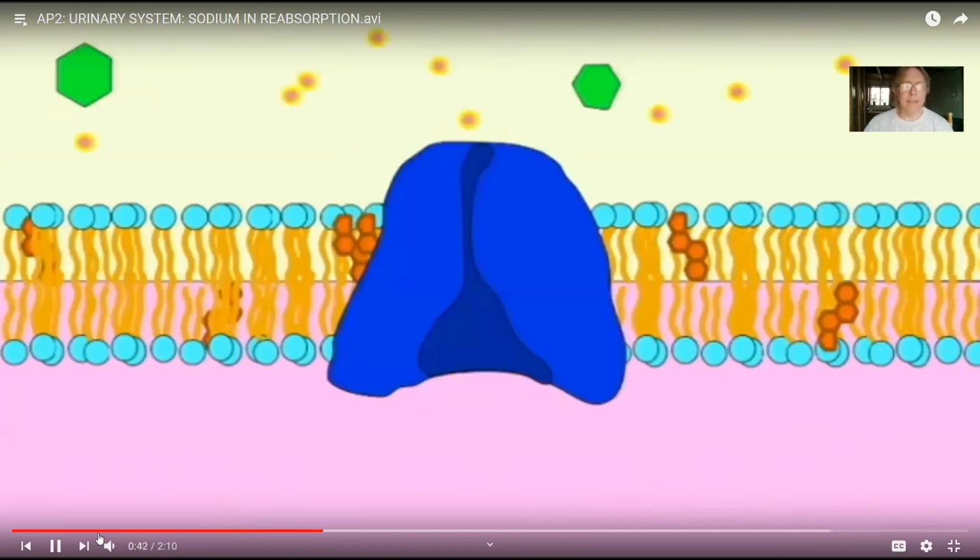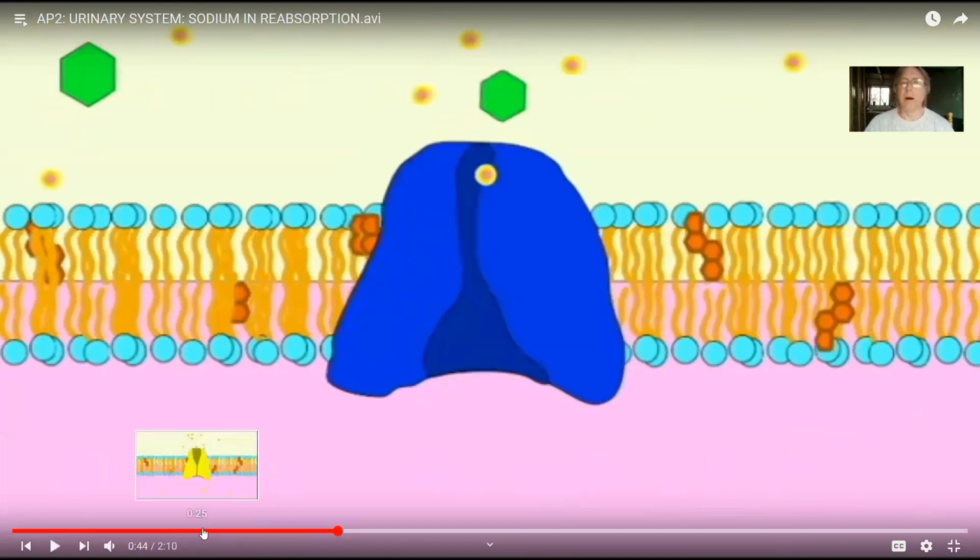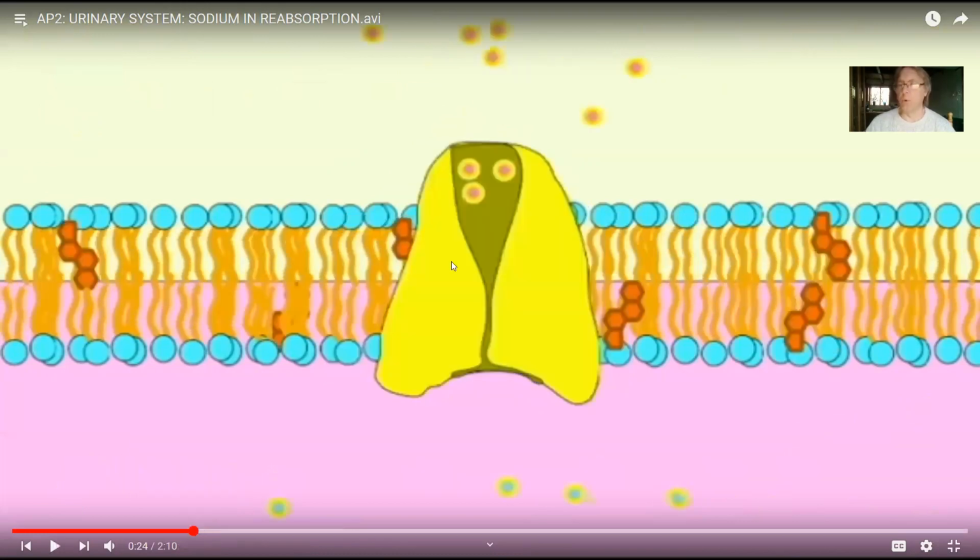So making the pumps of the DCT more active using aldosterone will cause more potassium to move towards the tubule lumen and thus be secreted. So while aldosterone is promoting the reabsorption of sodium because it's going into the blood capillaries where it will be retained, potassium is moving towards the tubule lumen and thus likely to be excreted.